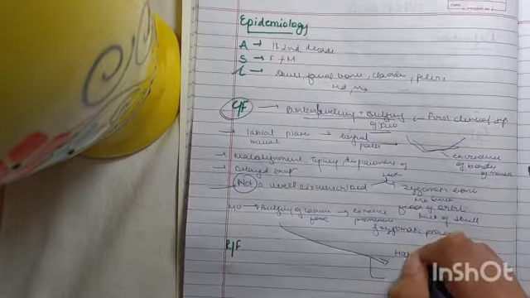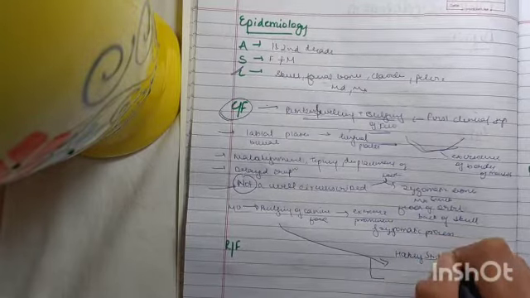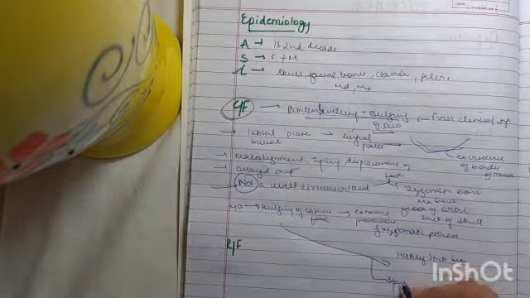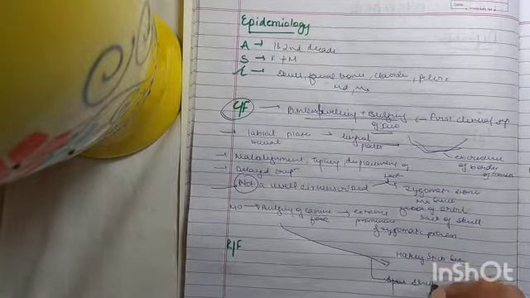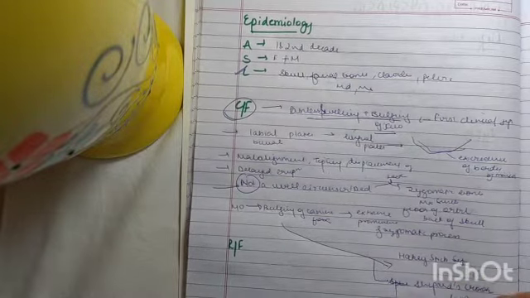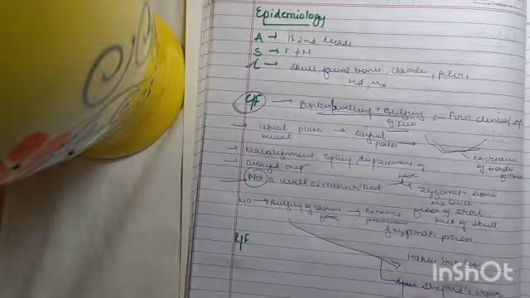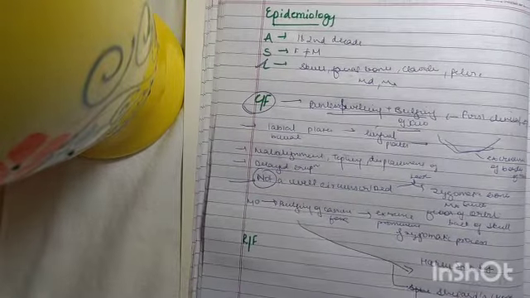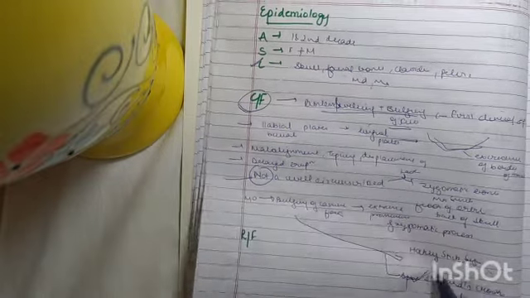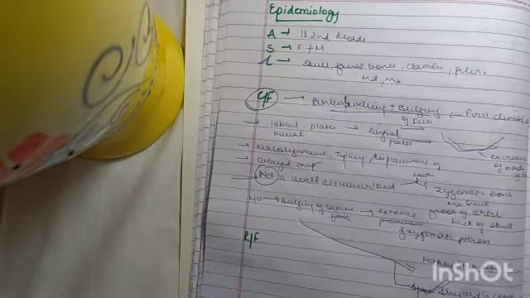One is hockey stick sign, and one is shepherd's crook deformity. Now, what is the hockey stick sign? There is a leg length discrepancy because of involvement of the upper portion of the femur, with an increased curvature of the femur. So it appears like a crook.